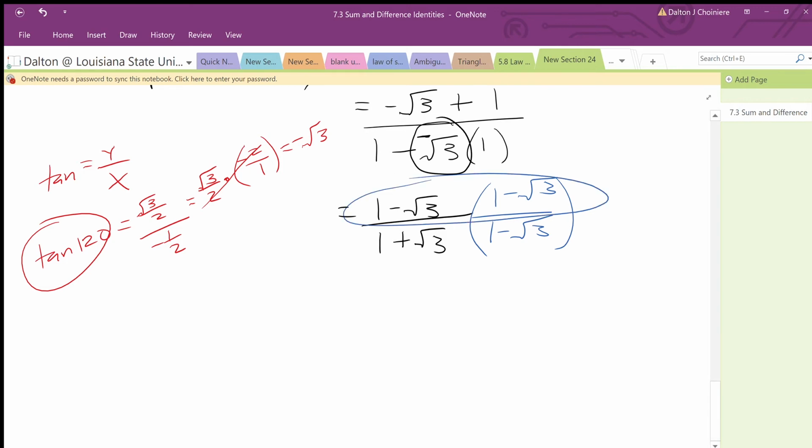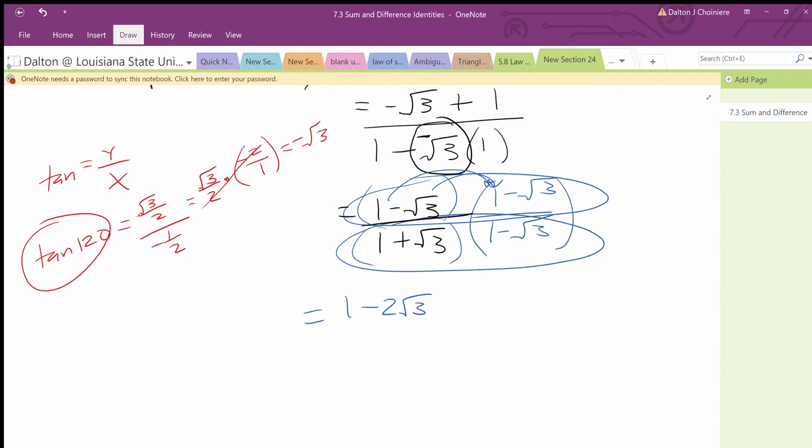sorry, y'all. In the numerator, I'm going to FOIL, right? This binomial times this binomial. And in the denominator, I'm going to FOIL. So carrying on, in the numerator, 1 times 1 is 1. Inner and outer, it's going to be negative square root of 3 minus the square root of 3, which will be minus 2 square roots of 3. Or if you want, I'll write it separate.